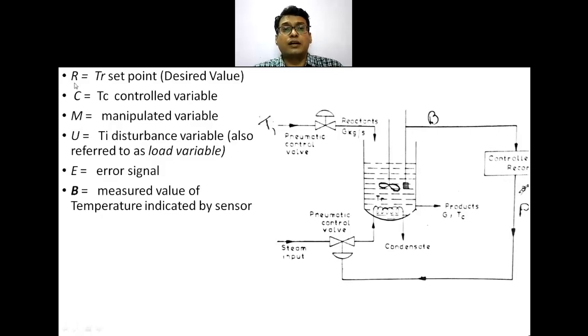Now there are different terminologies. R is the set point or the desired value. TR is the measured value, that is TR is the set point that is given to this controller.